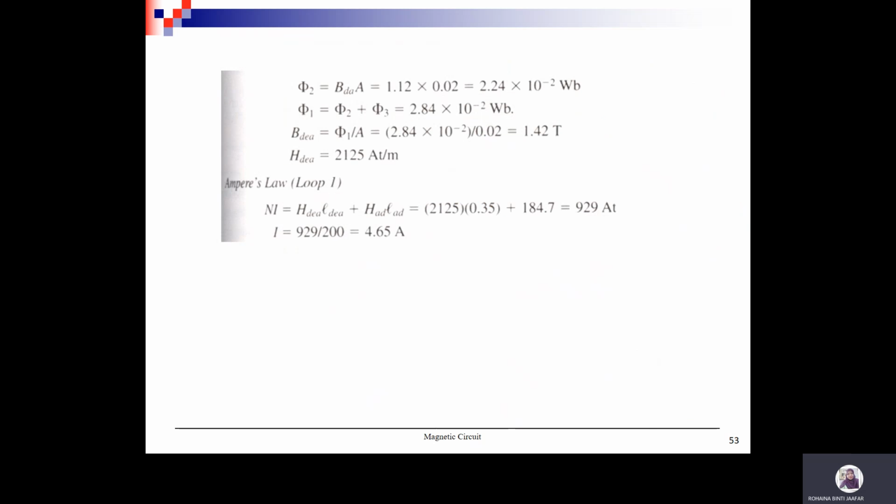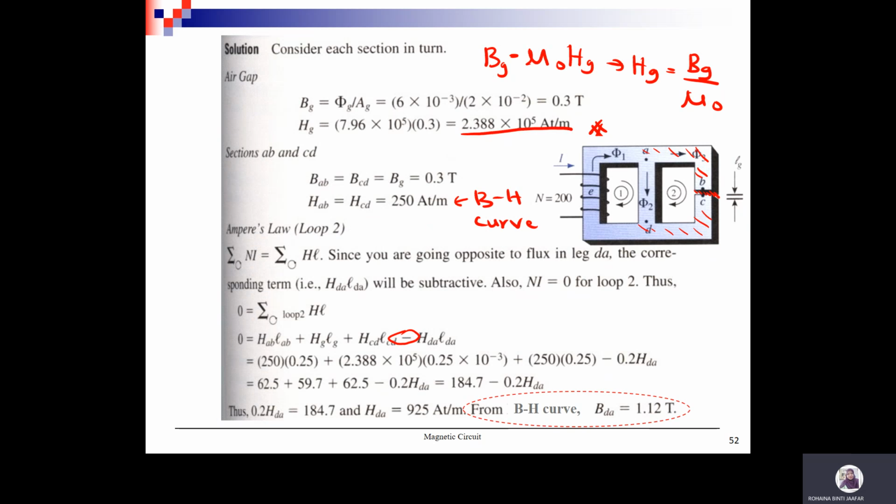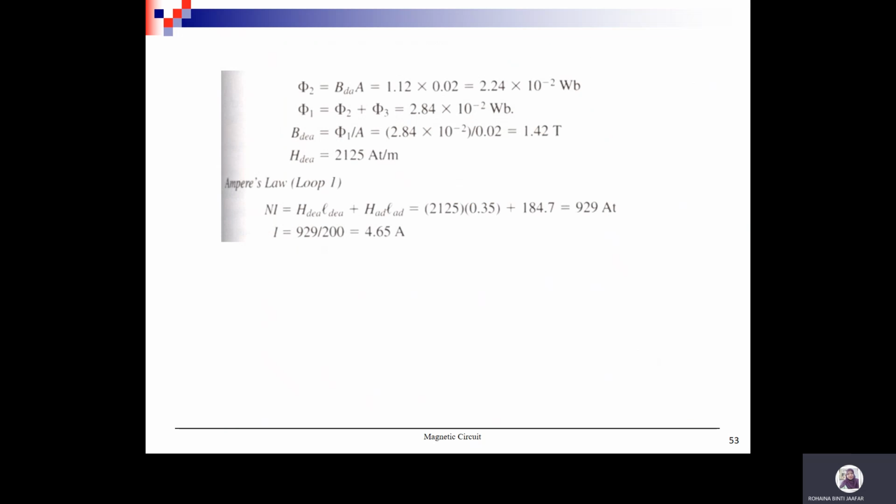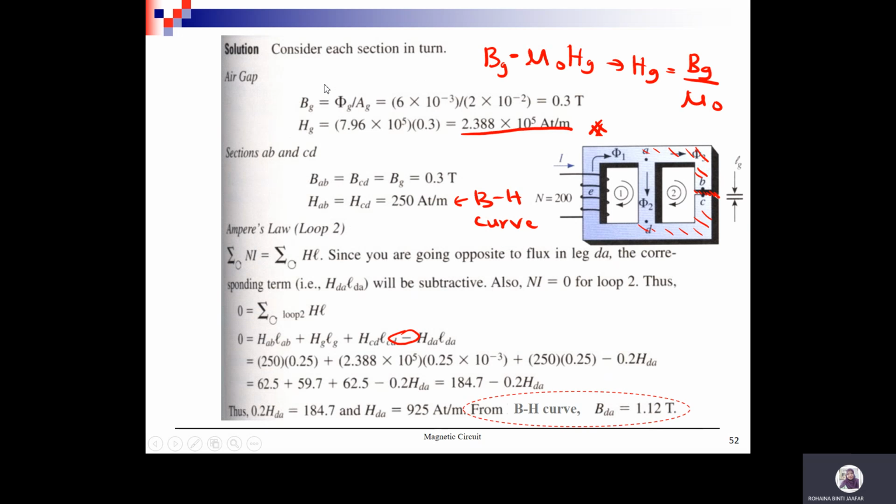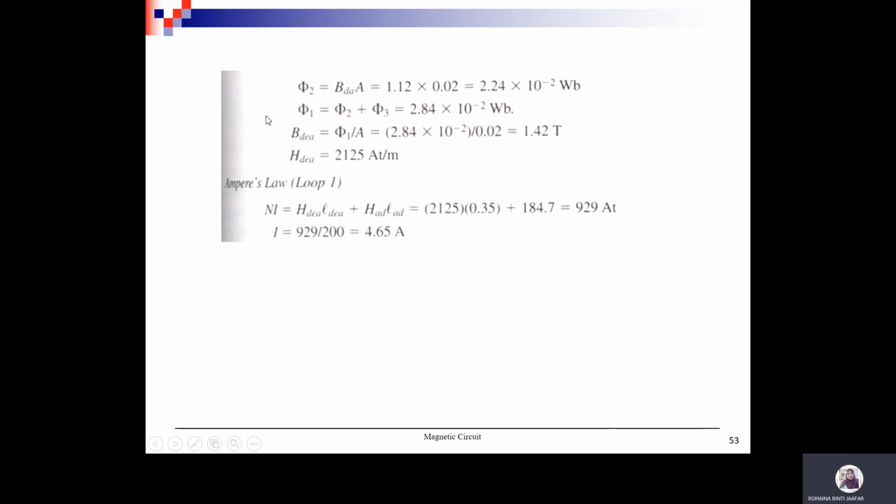So this one is like mesh analysis. Flux equals flux 2 here. So you have BDA, so flux 2 equals BDA times A, and you will get 2.24.